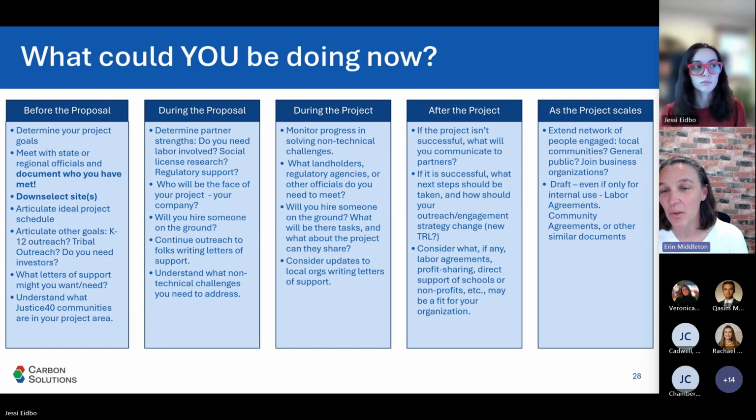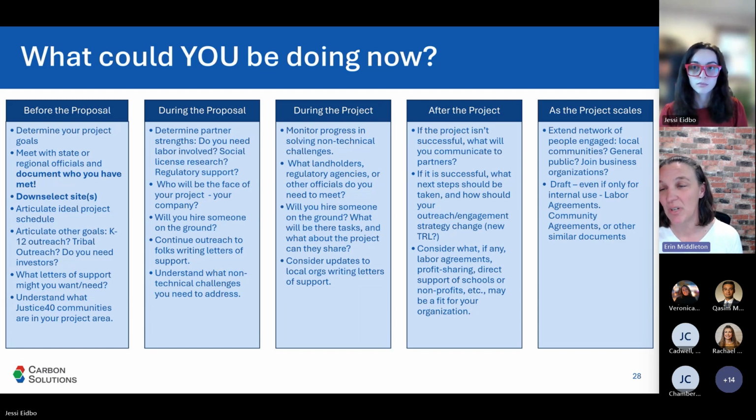As the project scales, we see a lot of companies imagining looking like utilities or any other place that has a lot more money, is a lot bigger, and has more consistent relationships with local folks. This will mean an extension of your network. Do you need to join business organizations if you haven't already? Do you need a strategy for going public? Do you need to talk to local newspapers?